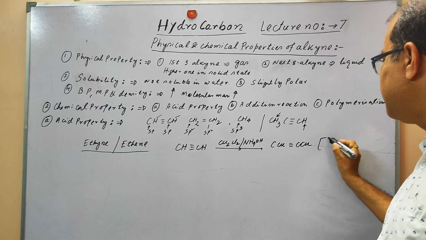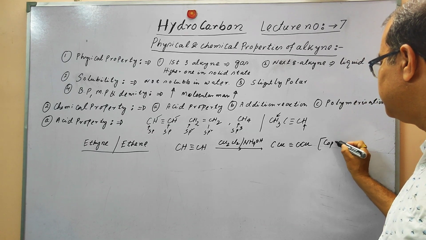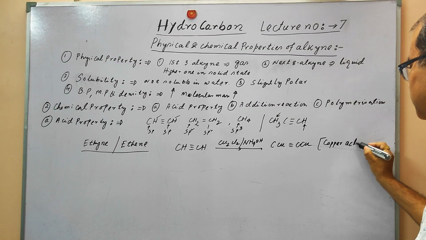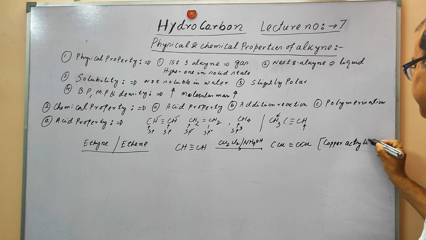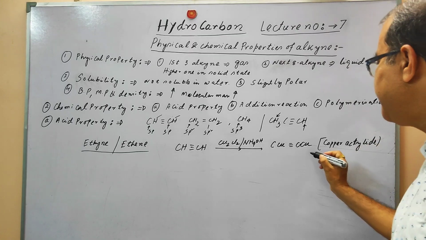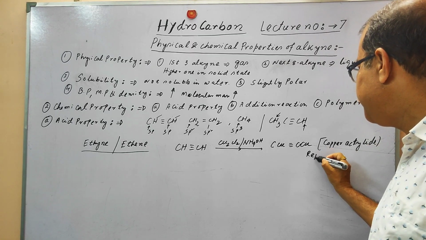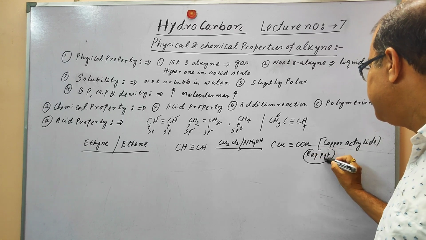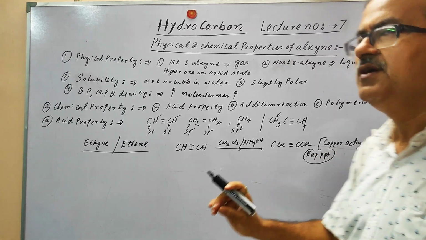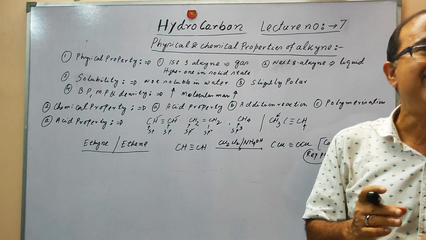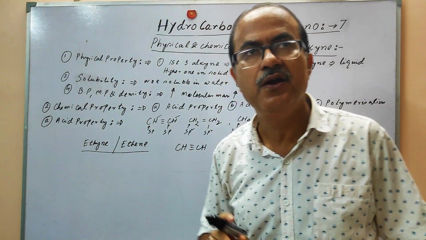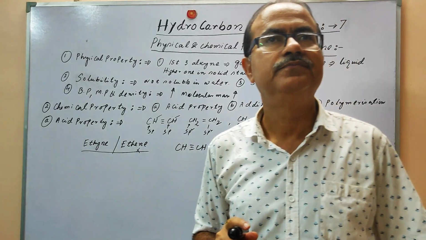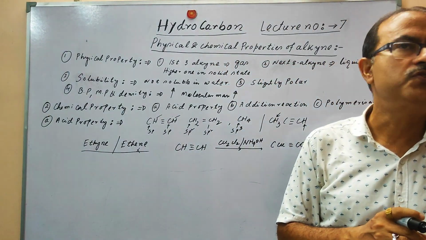This is the copper acetylide, and it gives a red precipitate in the solution, and from this you can understand there is a presence of ethyne, whereas with ethene or ethane you cannot see this reaction.